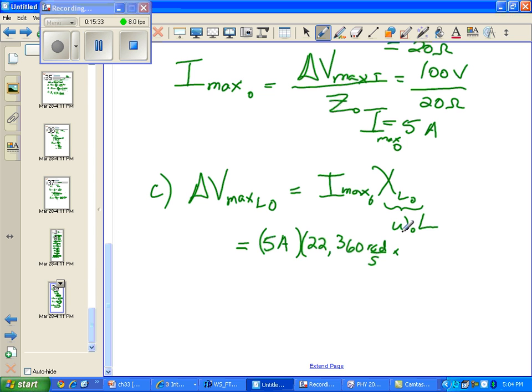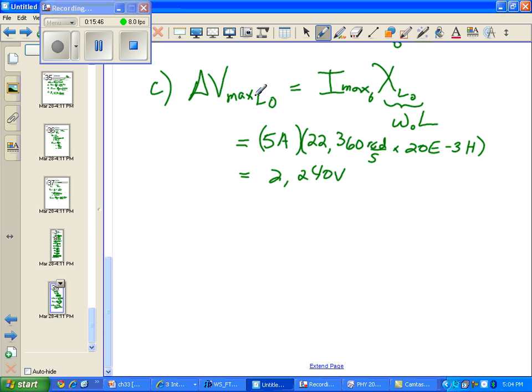Multiply that by L, which is 20 e to the minus 3 henry, and that gives us a value of 2,240 volts.